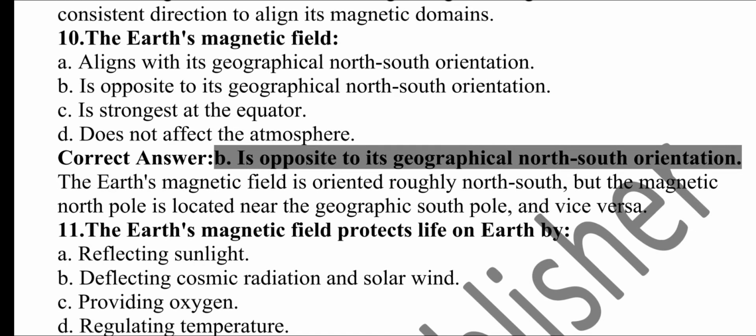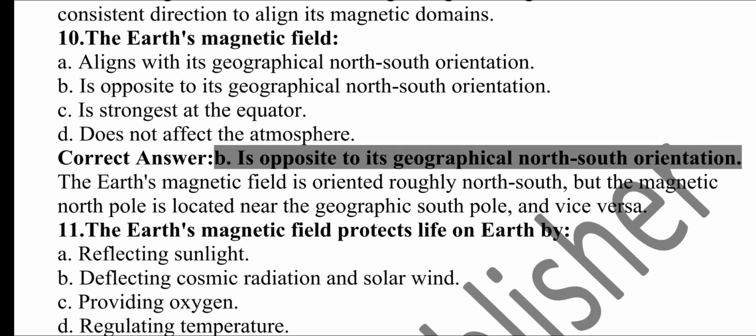Question number 10. The Earth's magnetic field: option A, aligns with its geographical north-south orientation; option B, is opposite to its geographical north-south orientation; option C, is strongest at the equator; option D, does not affect the atmosphere.